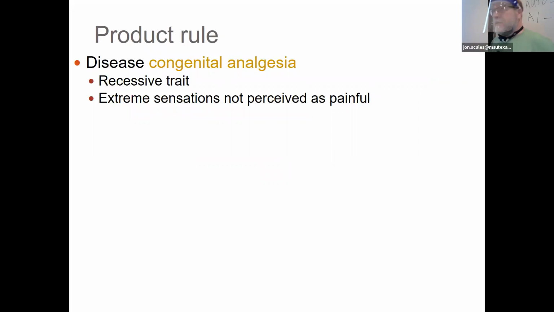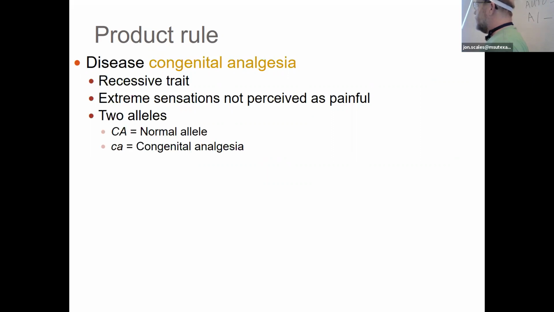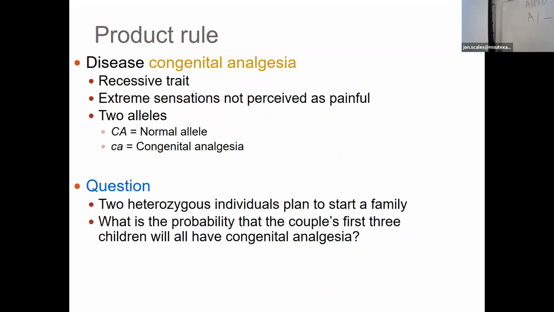Let's say we've got another example, a human trait, congenital analgesia. You don't feel pain. Maybe it would be good, maybe it would be bad. You get burned or something because you don't realize you're getting burned, that kind of thing. But anyway, we'll give a couple of allele symbols for it and say, okay, you've got a couple of heterozygous people. They're going to have kids.